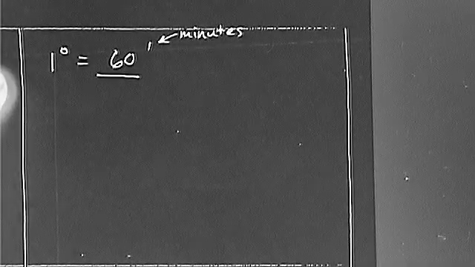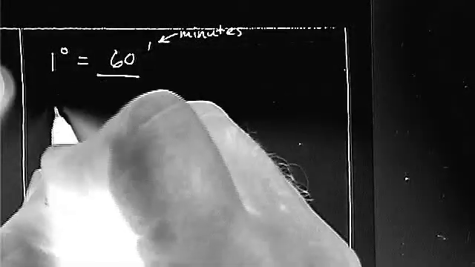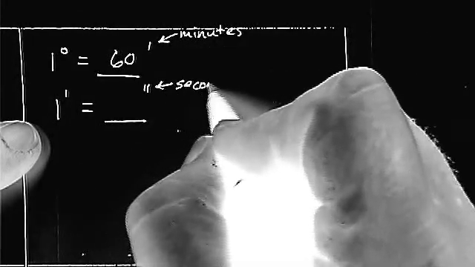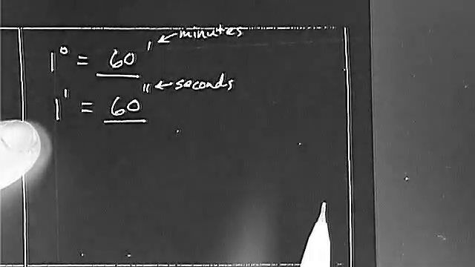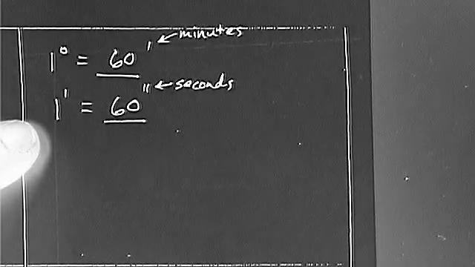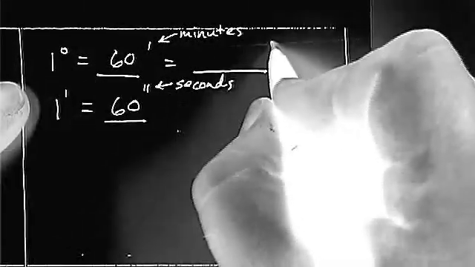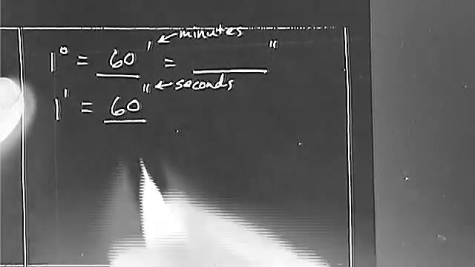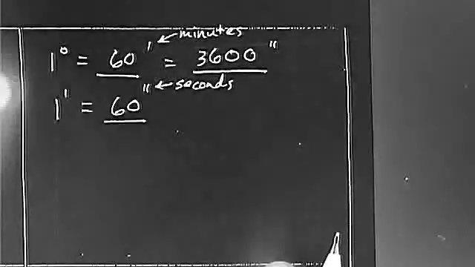Now, 1 degree is equal to how many seconds? 1 minute is equal to 60 seconds. Hey, this sounds a lot like time. So 1 degree is equal to how many seconds? 3,600. Yes, 60 times 60 would be 3,600.